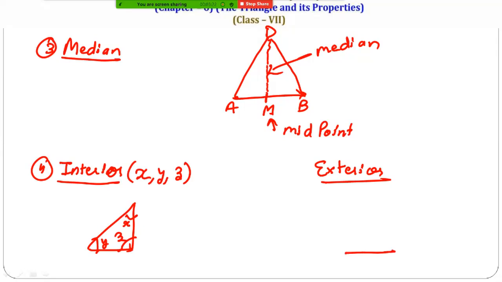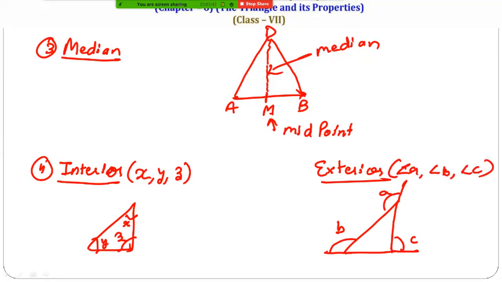But exterior means outside the triangle. Suppose this is your triangle, so this is angle A, this is angle B, this is angle C. So here the angle A, angle B and angle C are called as exterior angles, but here the angle X, Y and Z are called to be interior angles.